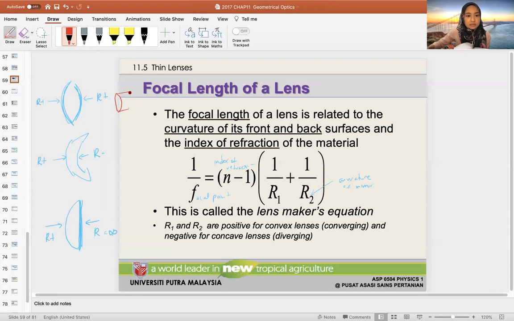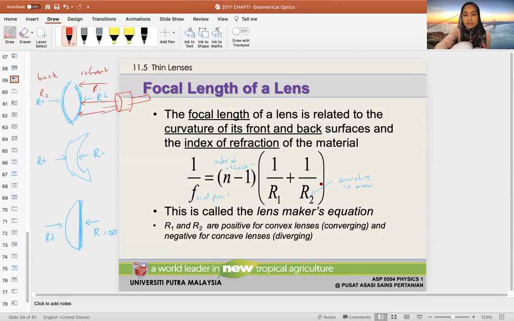My light travels this way. This is called the front, and this is called the back of the lens. So if this guy is in front, this guy will be R1, and this guy will be R2. It depends on where your incident light is. That is how you use the equation.